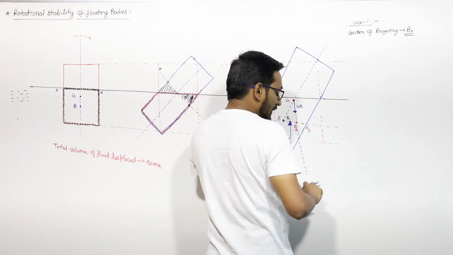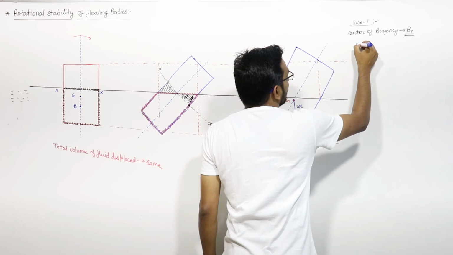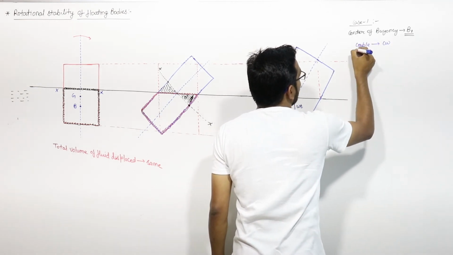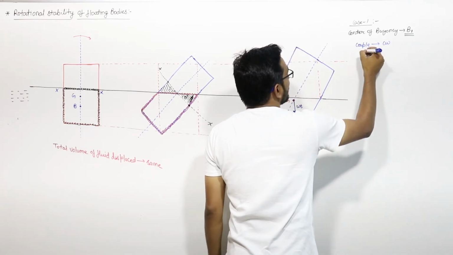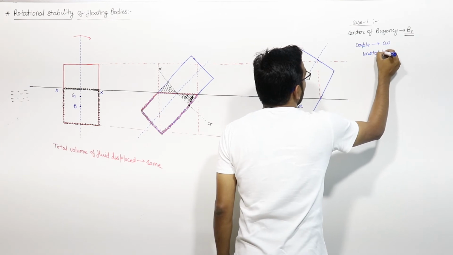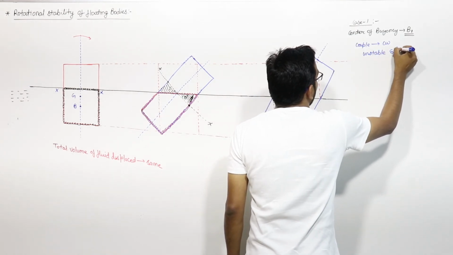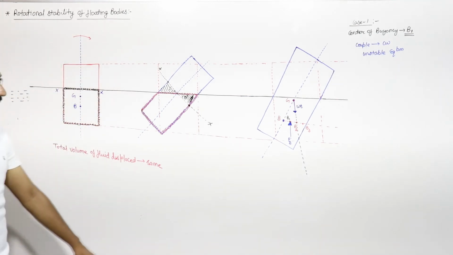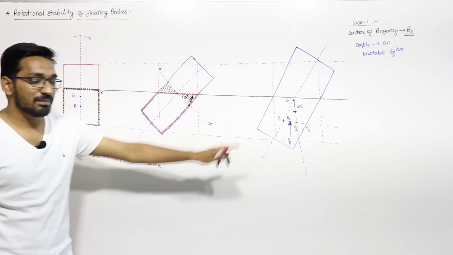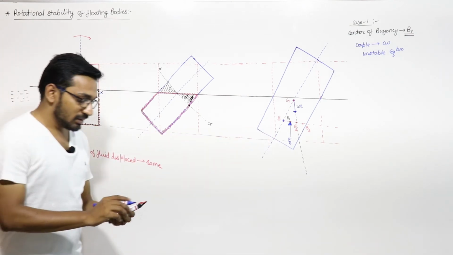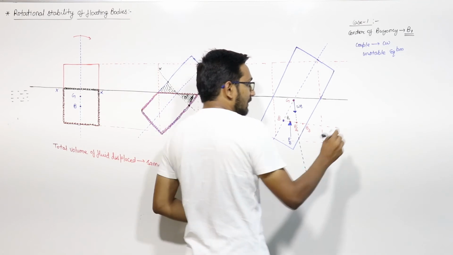So if the center of buoyancy is at B1, then the couple will be in the clockwise direction. And if the couple is in the clockwise direction, you can say it is an unstable equilibrium.